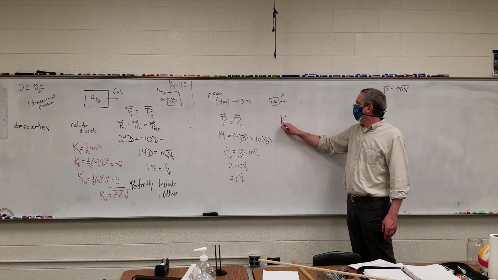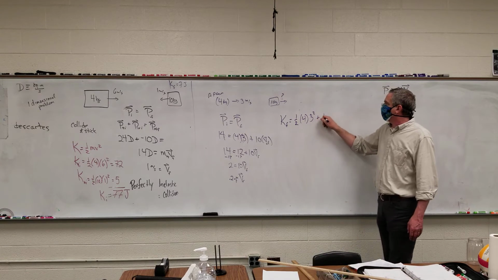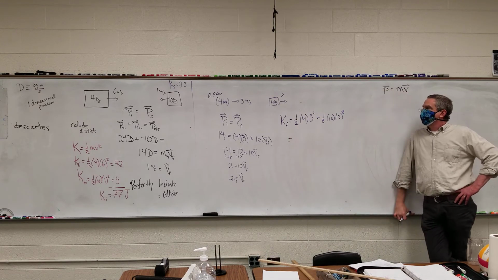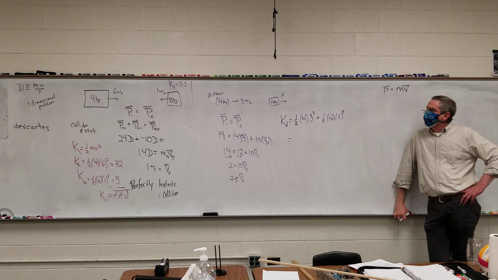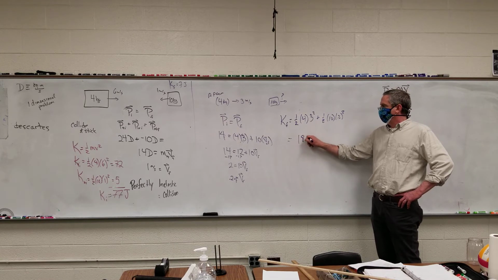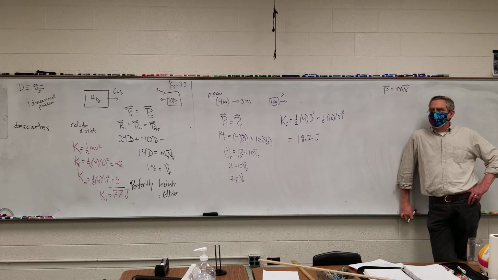K final is 1/2 times 4 times 3 squared plus 1/2 times 10 times 0.2 squared. Okay.